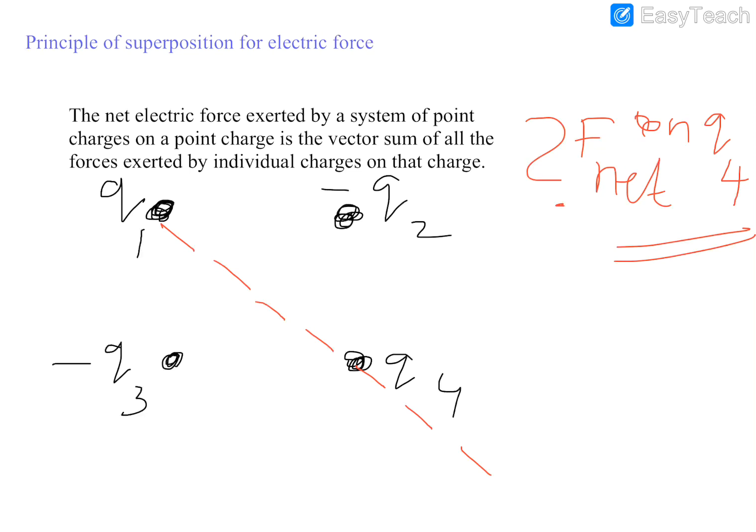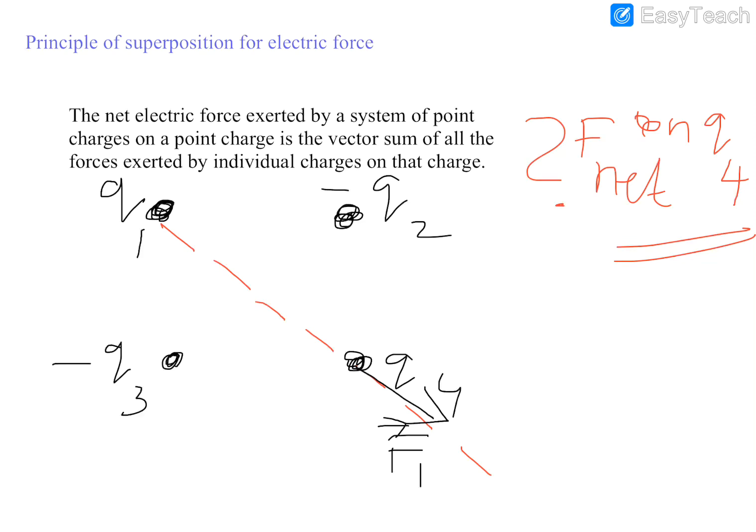Q3 and Q2 are negative, Q4 is positive, Q1 is positive. If Q1 is positive, then Q1 will exert a repulsive force on Q4 because Q4 is also positive. Positive and positive are like charges. So there will be a repulsive force acting on Q4 due to Q1. Repulsive means it must be moving away from the charge which is exerting the force. So it must move away from Q1. Move away means it will be in this direction. That is F1, the F1 vector.